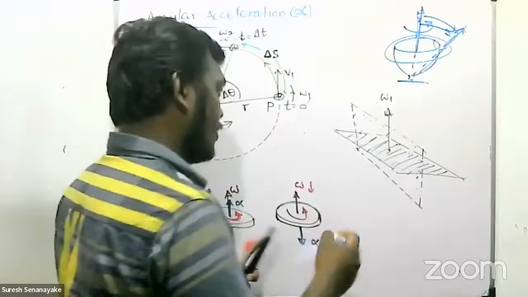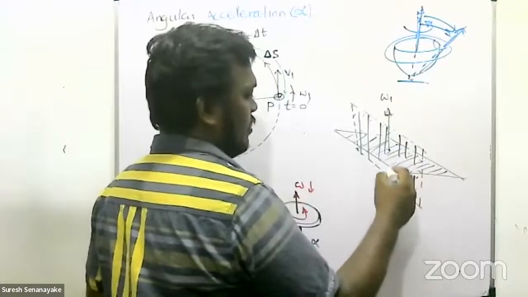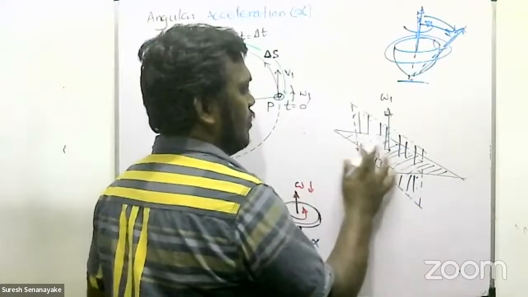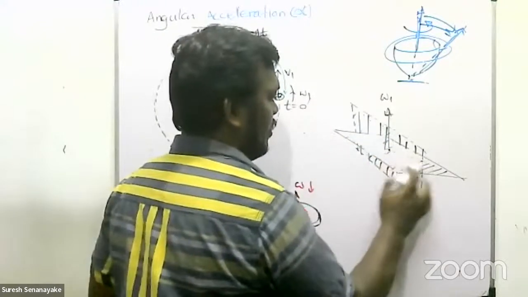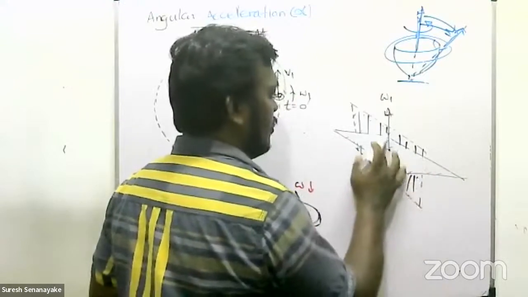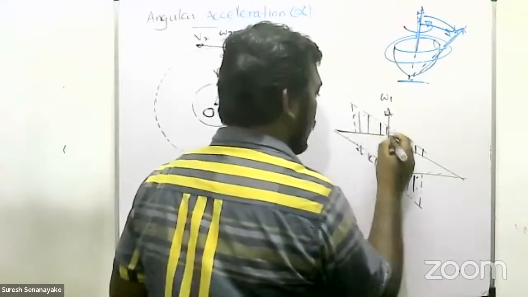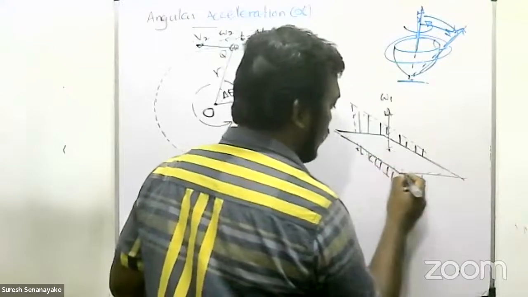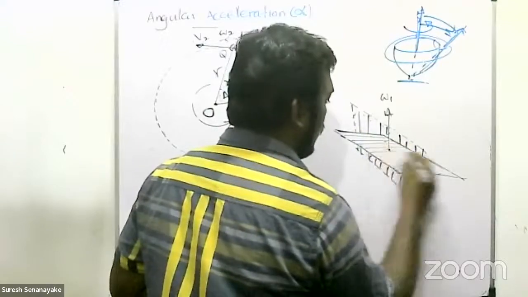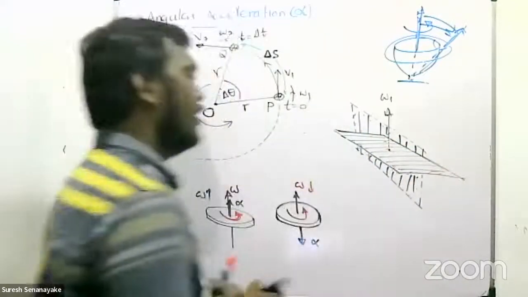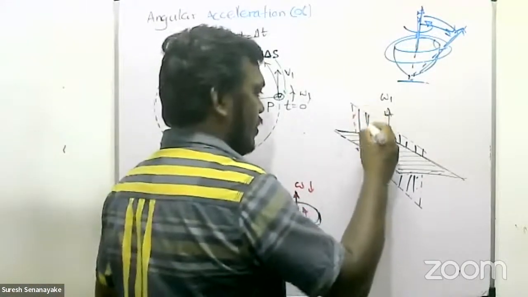This one is a horizontal plane, and this one is a vertical plane. Then this one is vertical, 90 degrees.